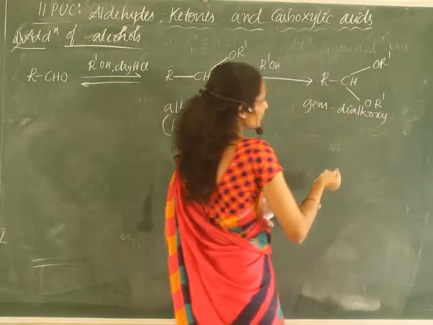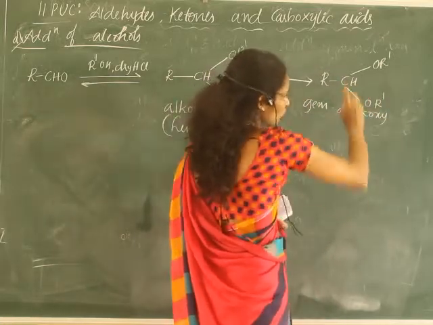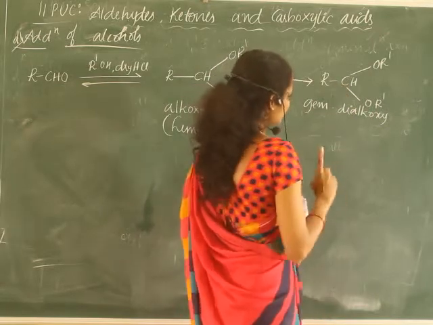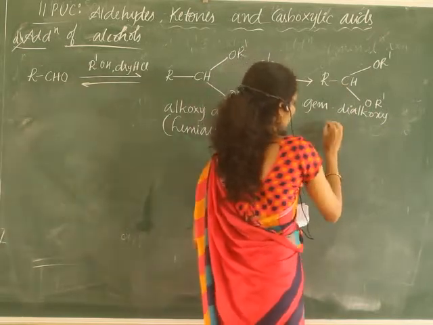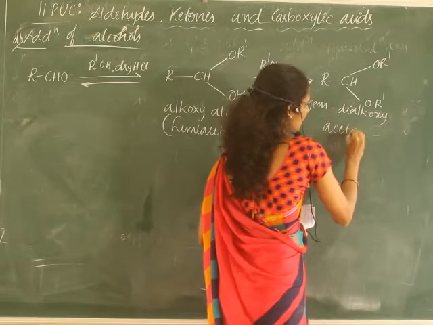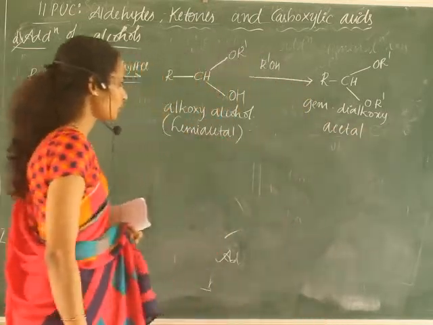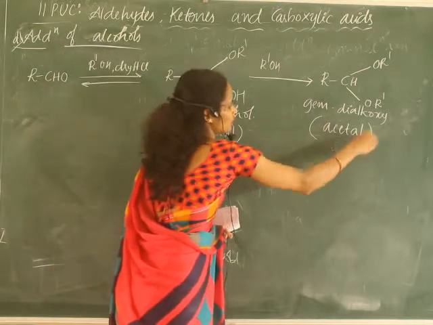Why geminal? Here two alkoxy groups are attached to the same carbon atom, hence it is gem, and this product is also called acetal. Geminal dialkoxy compound, or it's also called acetal.